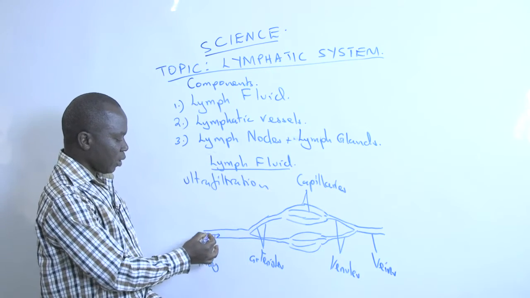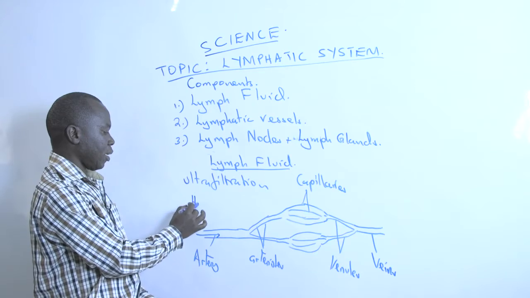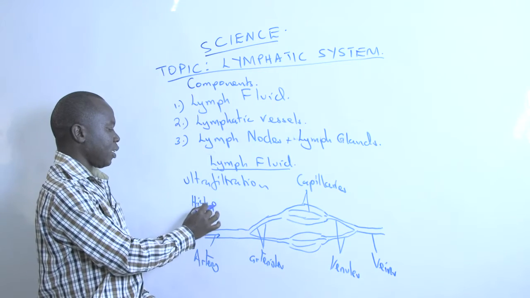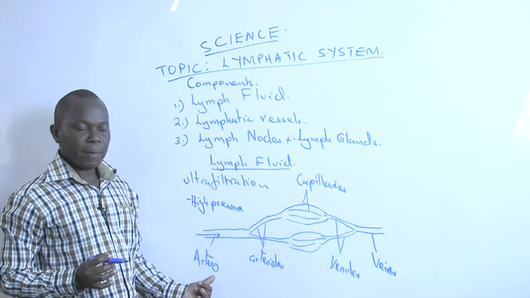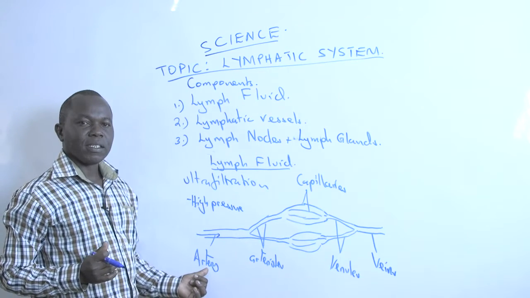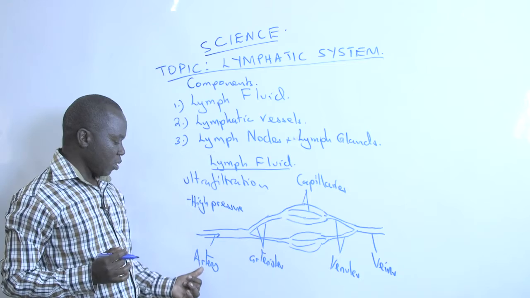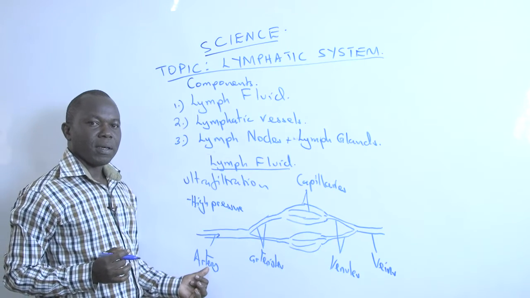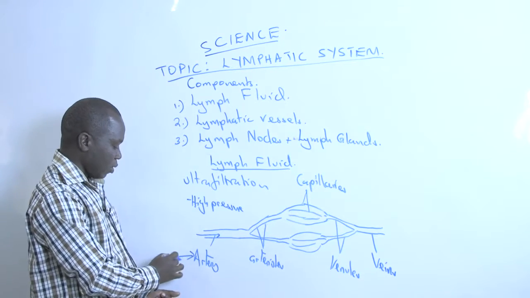When blood is flowing through the arteries, it is at a high pressure. We know the reason why blood in arteries flows at a high pressure. It is because blood is being pumped directly from the heart through the aorta.